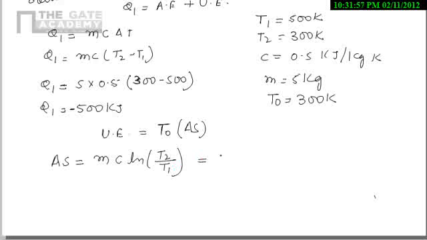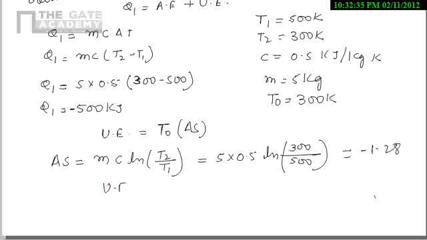Here mass is 5 kg, C is 0.5, ln of T2, here 300, by T1, here 500. So if we calculate 300 divided by 500, take the log of it, into 0.5 into 5, it will come minus 1.28.